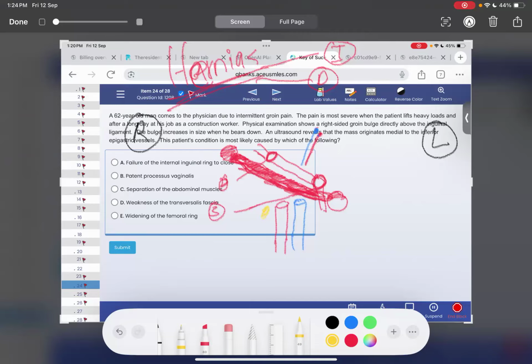So your nerve going out here. I got the point. Now, in this scenario, let's discuss it.